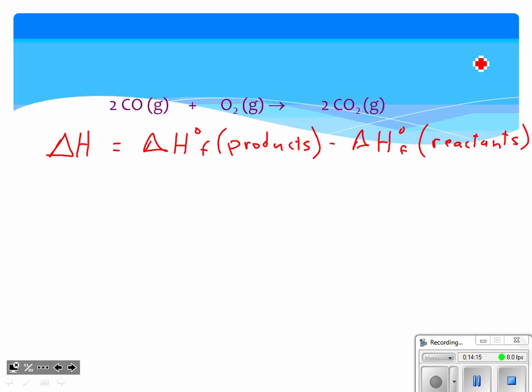What state is my carbon dioxide in? It is in a gaseous state, correct? So, as I look for carbon dioxide in a gaseous state, I find my enthalpy to be negative 393.5, correct? How many carbon dioxides in the gaseous state do I have? 2 of them. So what do I need to do? I have to have a parentheses and I put a 2 in front of it, right?